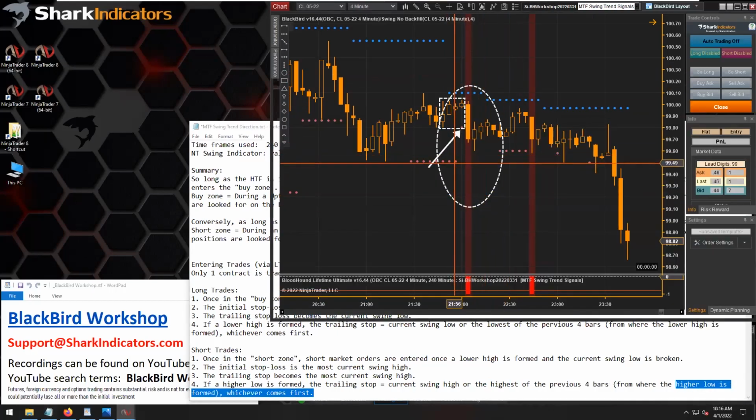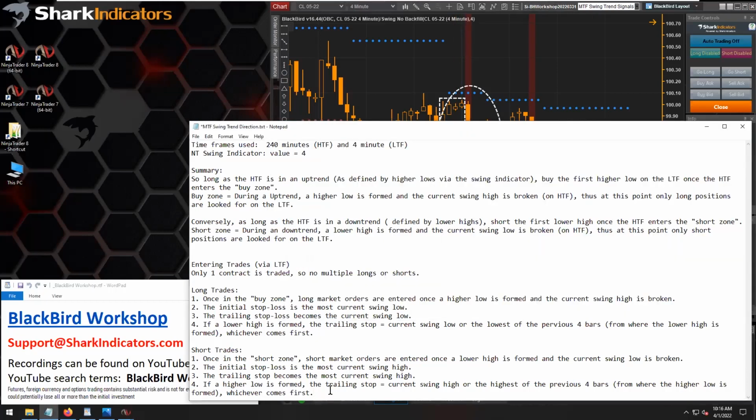So we just had a higher low. Let's do this. There we go. My arrow's showing that we have a swing low, and then we have a higher swing low. So we just had that. So there's two options here to set this trailing stop loss, and it says "whichever comes first."